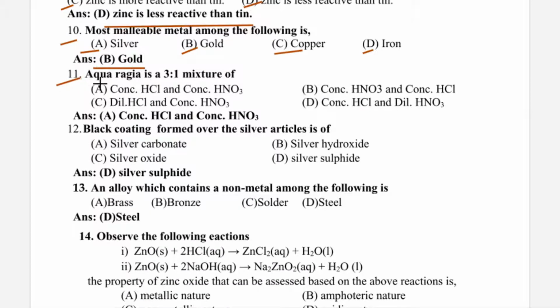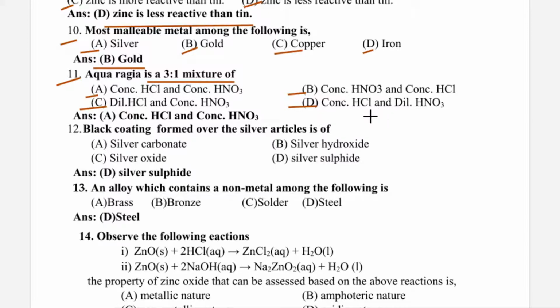Question number 11. Aqua regia is a 3:1 mixture of. Options are A, concentrated hydrochloric acid and concentrated nitric acid. Option B, concentrated nitric acid and concentrated hydrochloric acid. Option C, dilute hydrochloric acid and concentrated nitric acid. Option D, concentrated hydrochloric acid and dilute nitric acid.